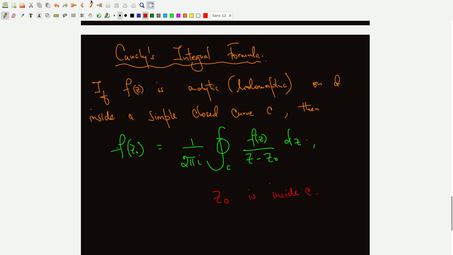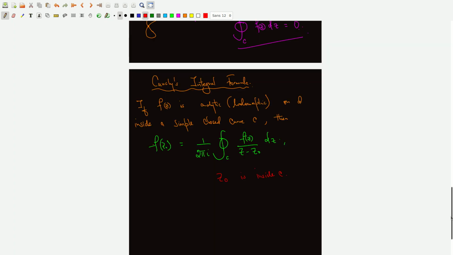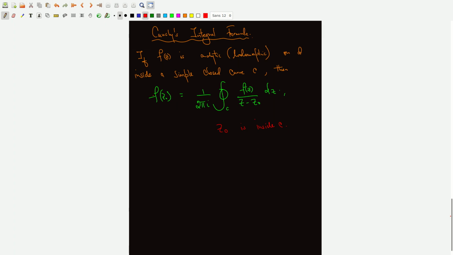Now I'll just give you an intuitive interpretation of this Cauchy's integral formula.